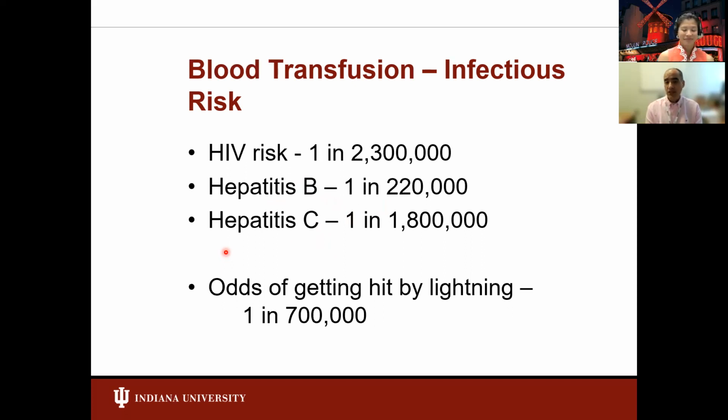Wow. So for things like HIV and hepatitis C, that risk is incredibly small. And quite honestly, even these numbers are probably getting smaller every year as the testing improves for identifying these viruses and other things like bacteria that could potentially be transmitted. And so the real infectious risk of transfusion has gotten less and less over the years.